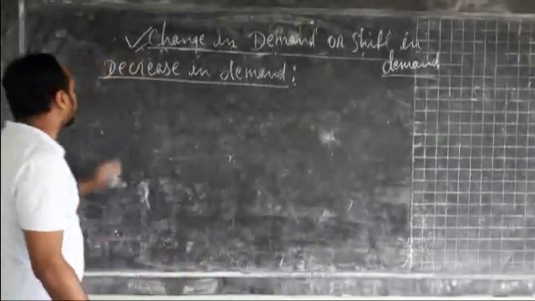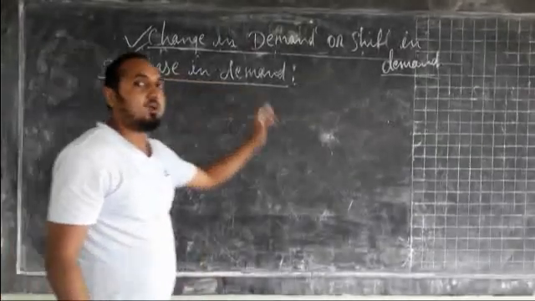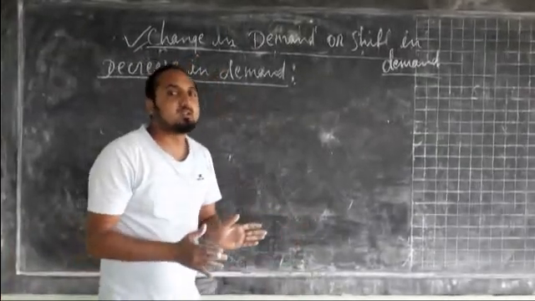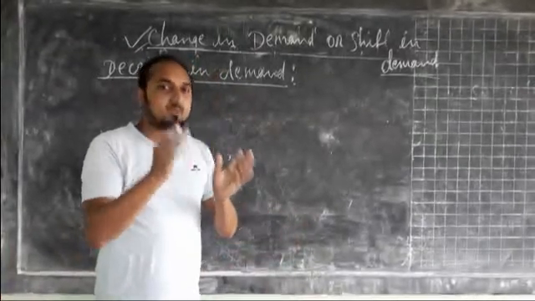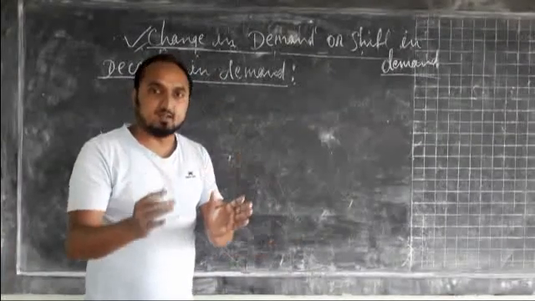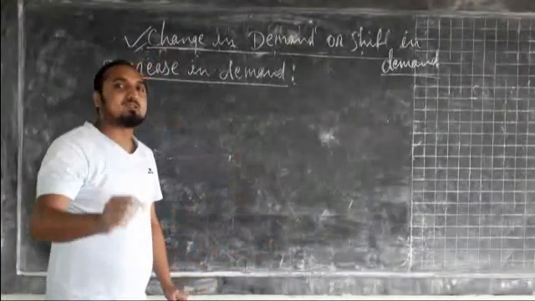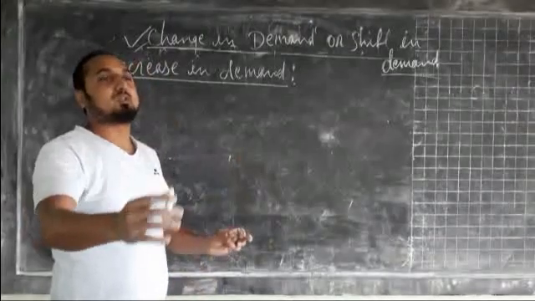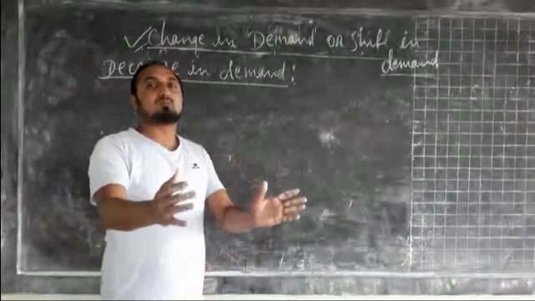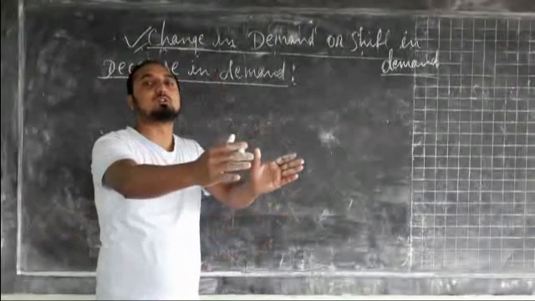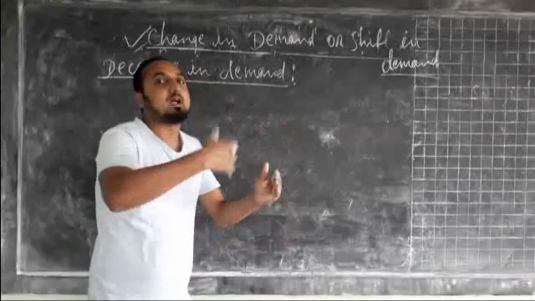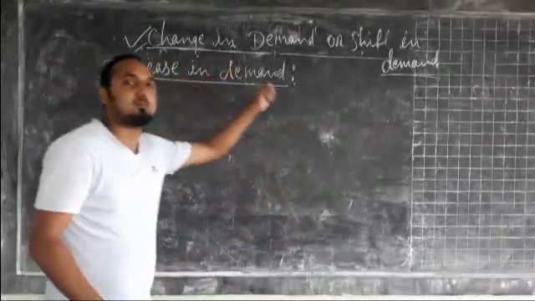The next part we have decrease in demand. So decrease in demand refers to the situation in which quantity demand will decrease due to decrease in other factors, like if the income of the consumer decreases from suppose say 30,000 to 15,000 or 20,000, so that may lead to decrease in demand.